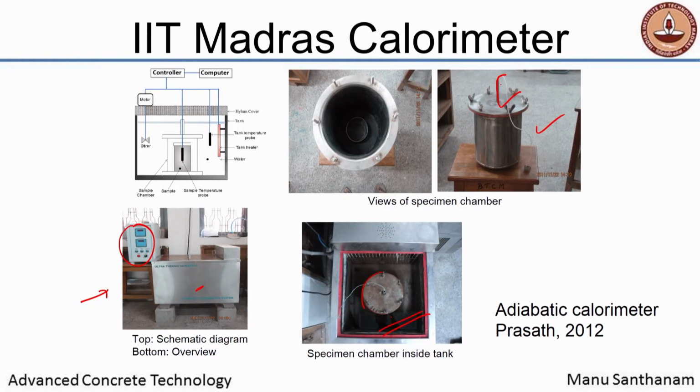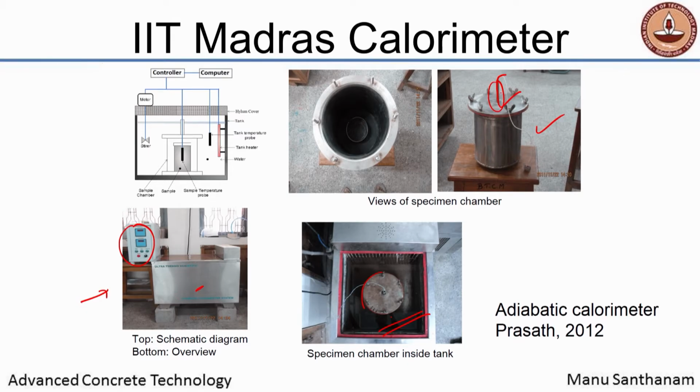The lid has a hole on top through which you can insert a thermocouple or a temperature probe. In this case we used an RTD temperature probe, which was inserted directly into the concrete. The probe from within the concrete sample chamber comes out of this top opening provided in the lid of the sample chamber.